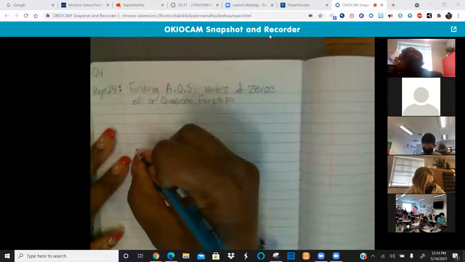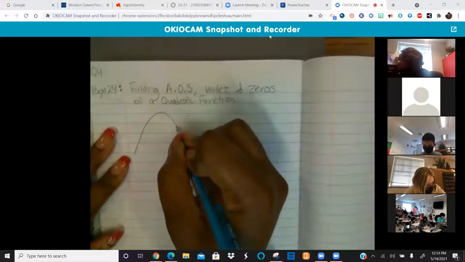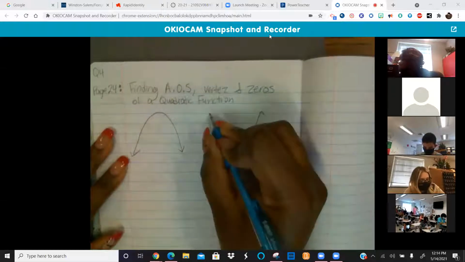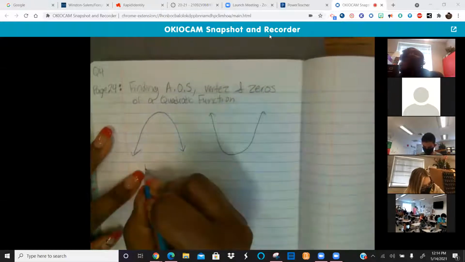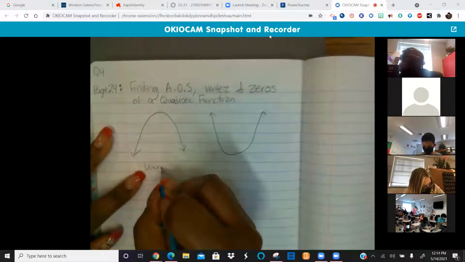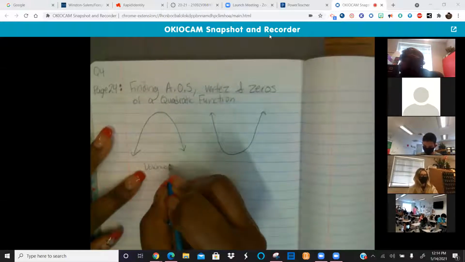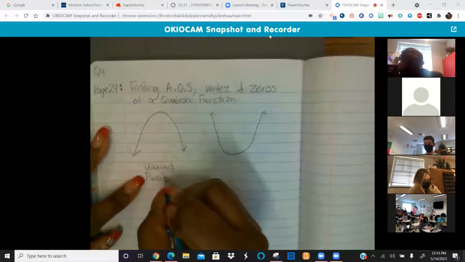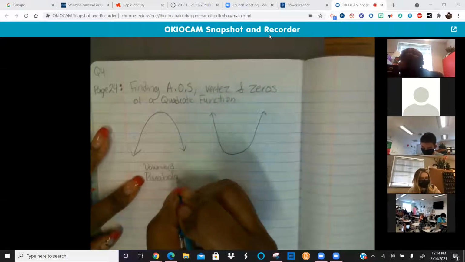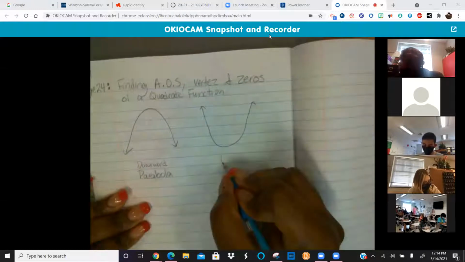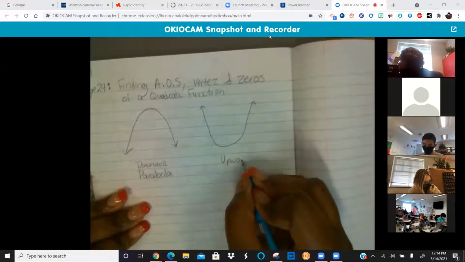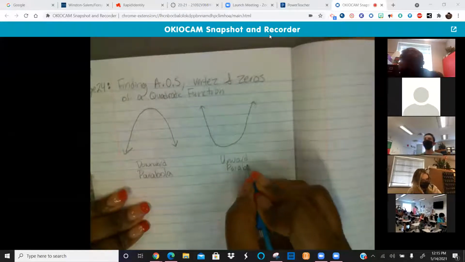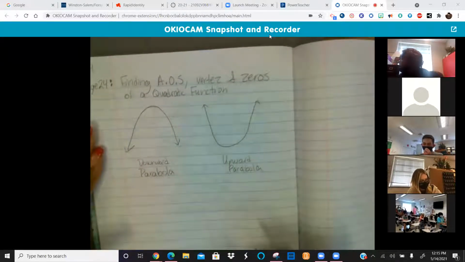Remember that a quadratic function is either an upward or downward U. This one is a downward parabola, and a parabola is a U-shaped line. This one is an upward parabola.